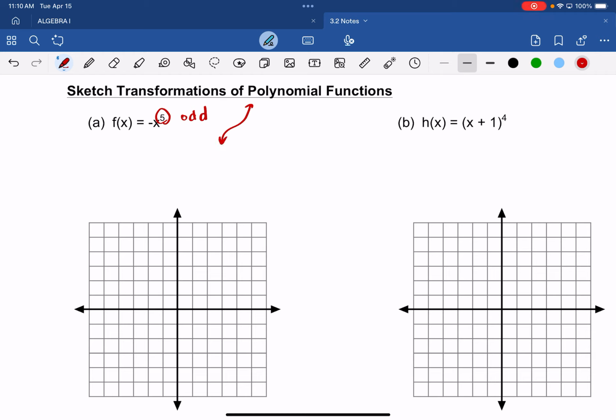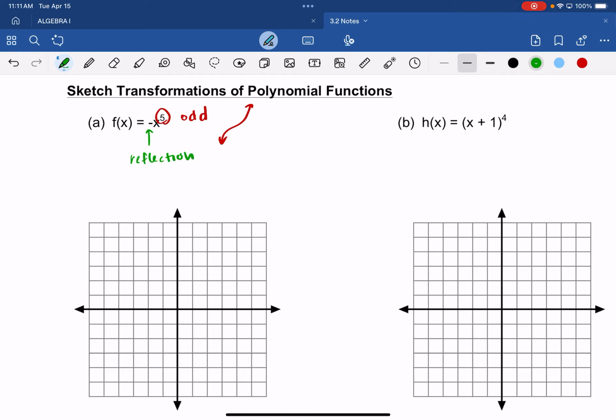I know it's similar to that, so it's going to look something like that. Now, look at that negative value. So you think it's going to go down. What does a negative out front tell me in transformations? What did that stand for? A reflection. Perfect. That told me a reflection.